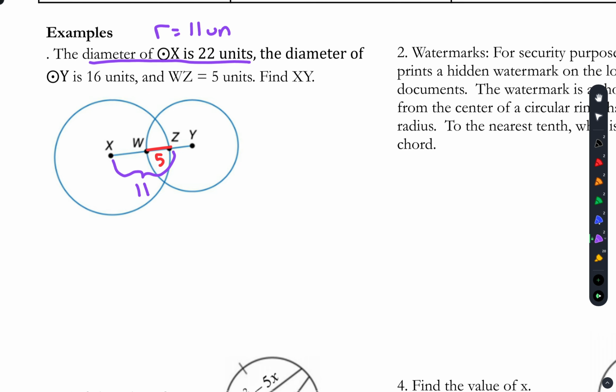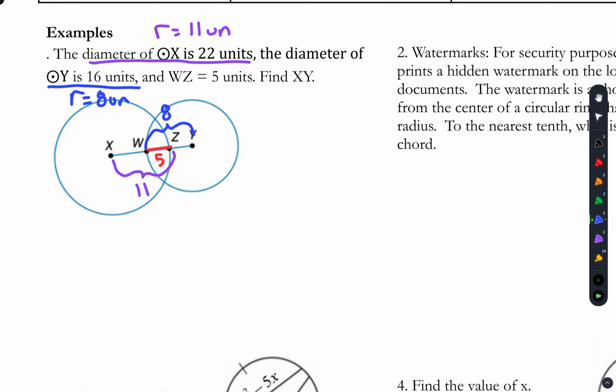And then I also know that the diameter of circle Y, which is the circle on the right side there, is 16. So the radius is half of that. It's 8 units. And now my drawing is filled in. Now that it's filled in, it's much easier to see how I'm going to figure out the length of XY.